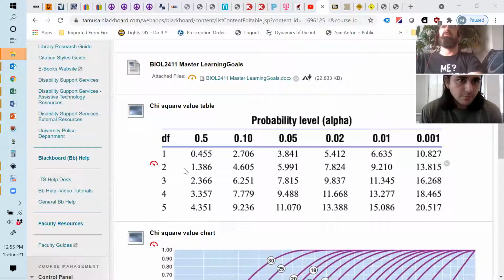It's the number of different phenotypes or outcomes. Okay, thank you. So for example, if you're doing this with a dihybrid cross in the F2 generation, you'd have 4 different phenotype combinations. So in that case, your degrees of freedom will be 4 minus 1, which will be 3.